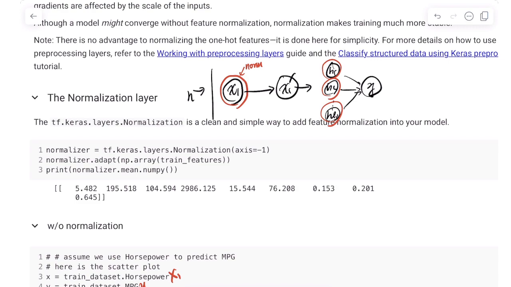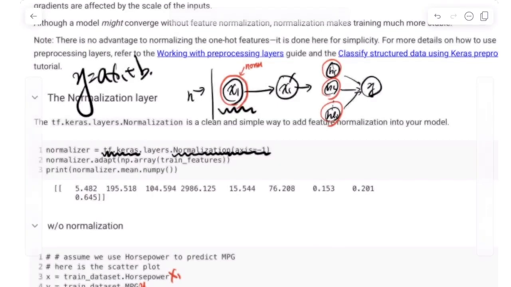So if we'd like to build a very simple linear model, you should perform normalization first, and by using TensorFlow Keras, you can simply add one normalization layer on your input data. So basically you have to do this.